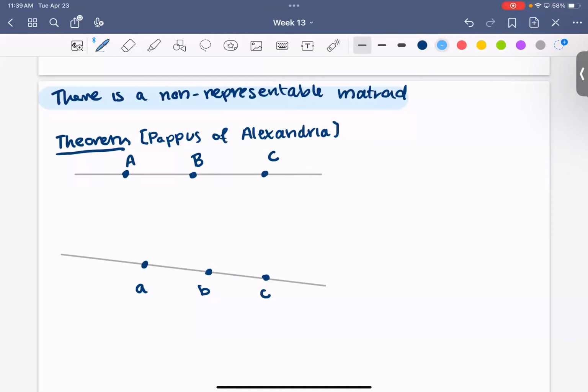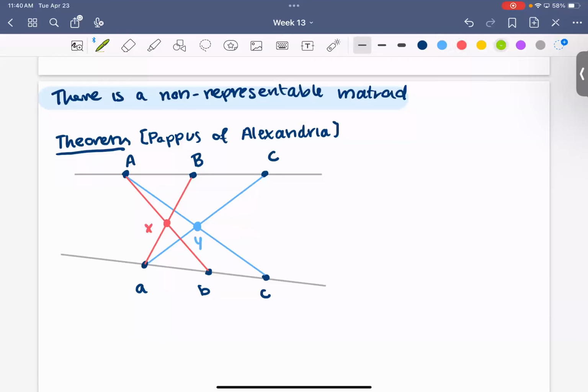I'm going to connect little a to big C, and big A to little c. That gives me 1 point, which I'll call y. Then if I connect little b to A and little a to B, that gives me another point, which I'll call x.